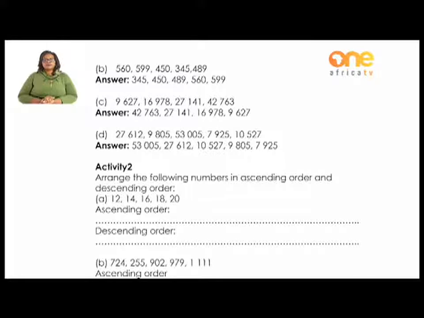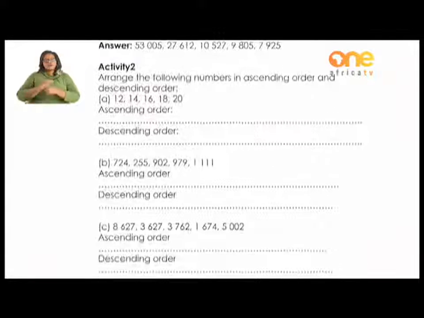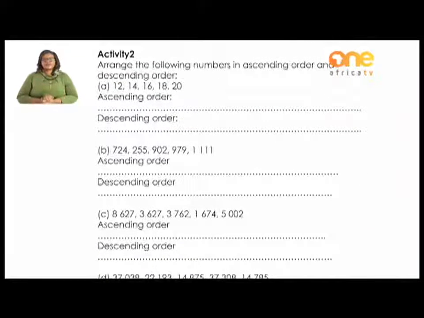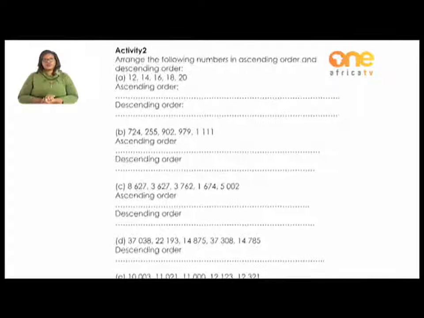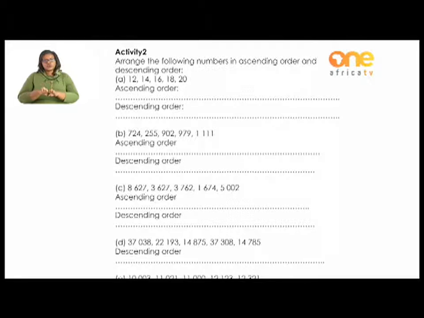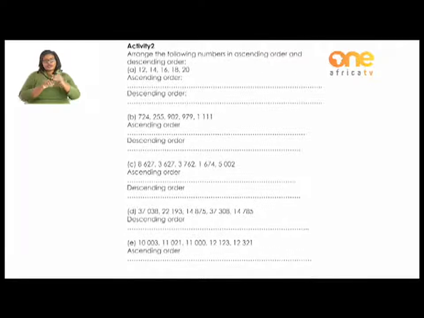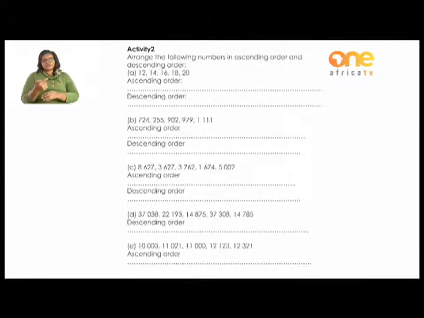Then we have activity 2. On activity 2, we are going to do number 1 together, then you are going to do the rest on your own. On number 1, we are supposed to put the numbers in ascending order, meaning you are supposed to start from the smallest to the biggest.